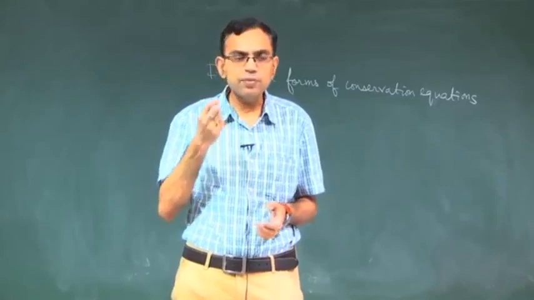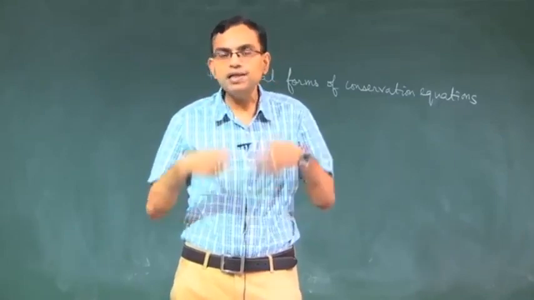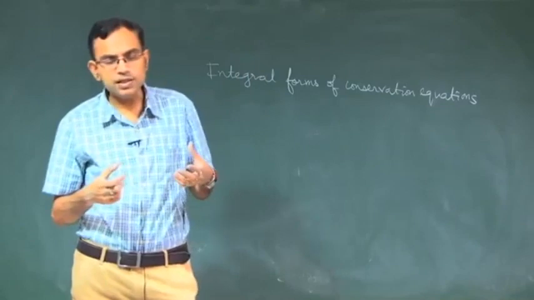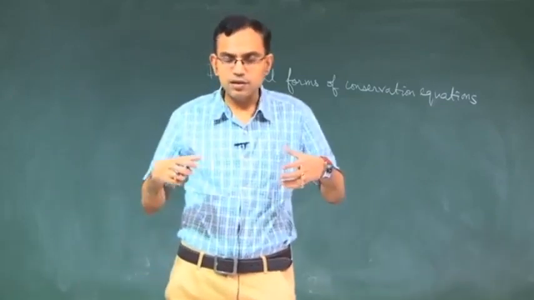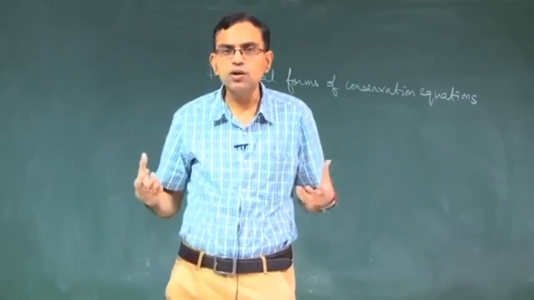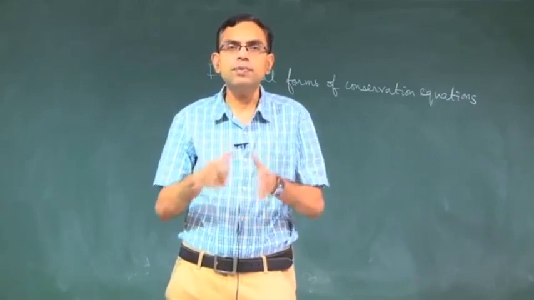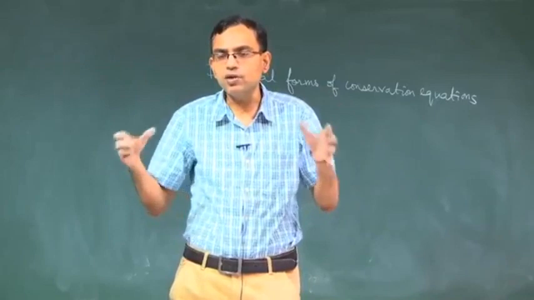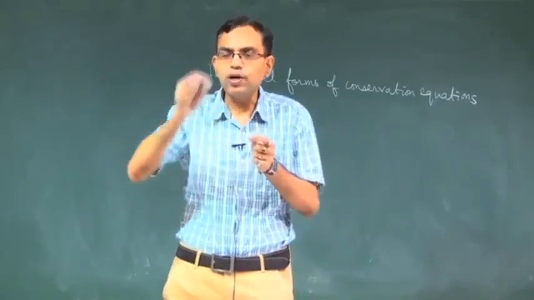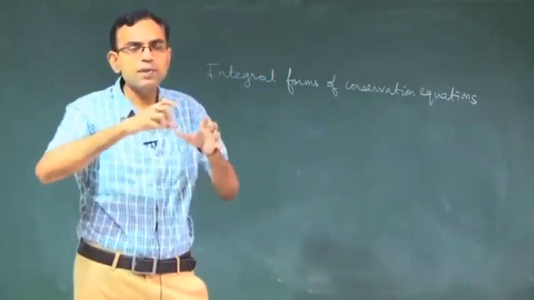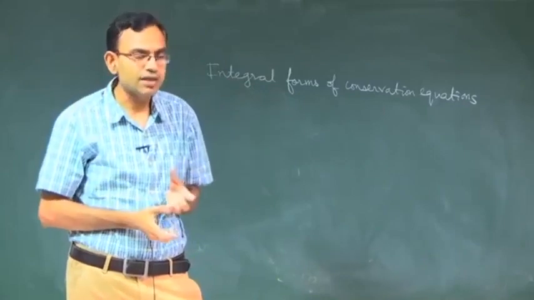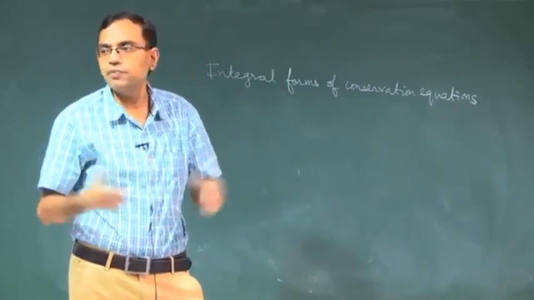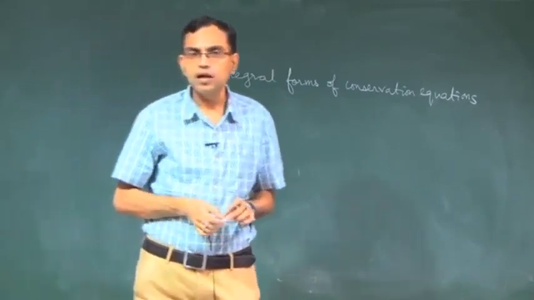The differential form is valid at a point, but in engineering sometimes it is beneficial or useful if we are able to express the equations in terms of an integral form, because what we require is not a point to point variation, but what happens grossly across an engineering device. So then integral form is more convenient.